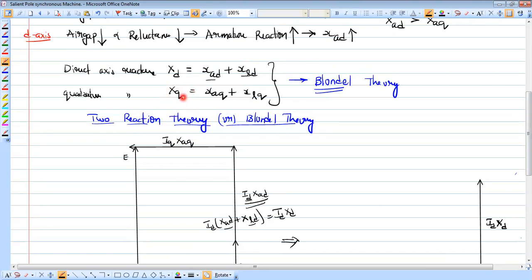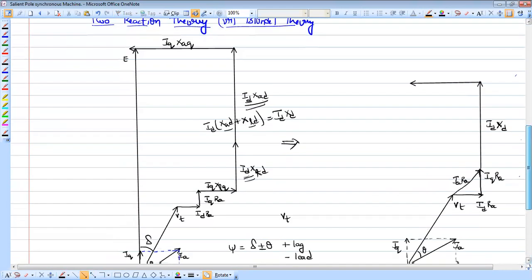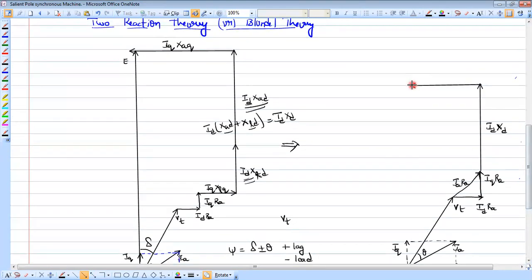So I am representing the sum of those two with a single phasor. This one becomes IQ into XQ.